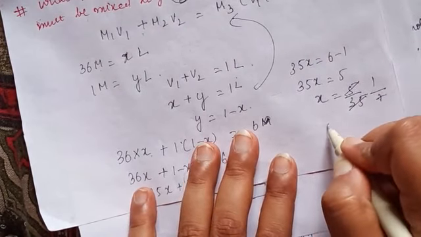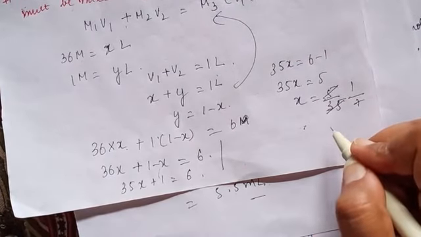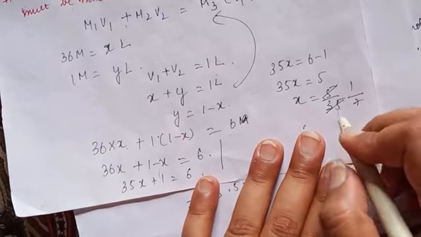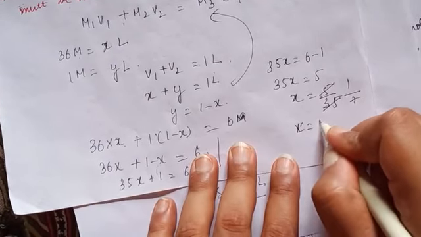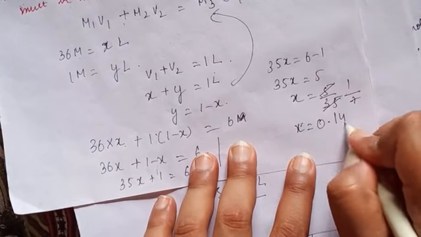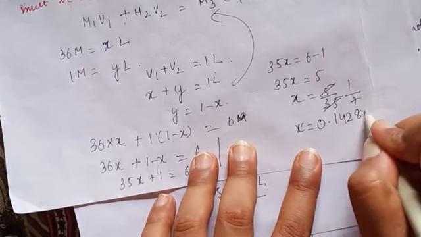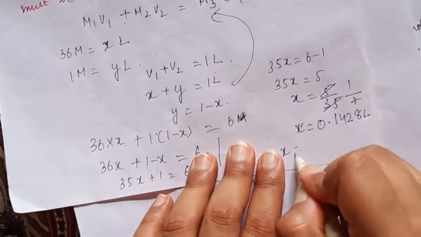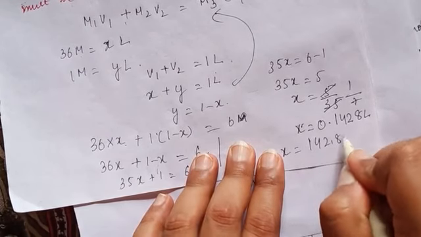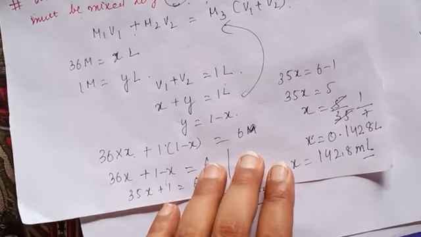That means X becomes 0.1428 liters, or in milliliters, 142.8 milliliter.